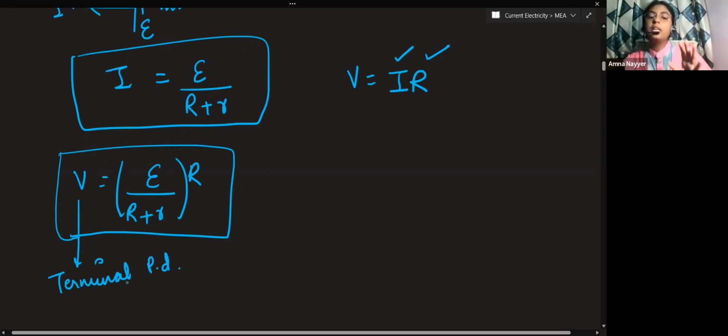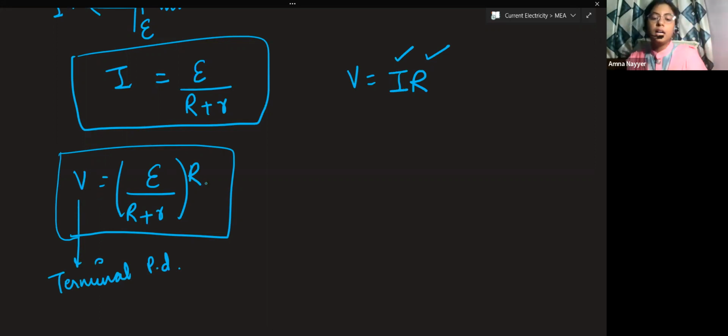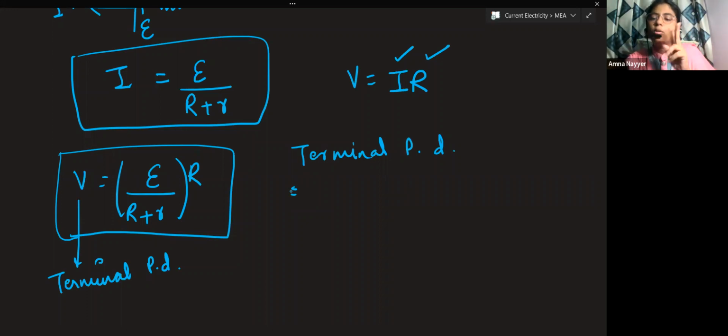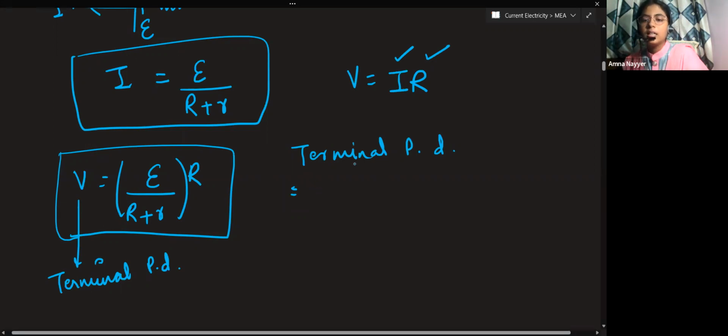Now, terminal potential difference, apart from this, is actually given by EMF. It's the potential difference, so we have to take the difference also. Let me write it in words, that will become easier.